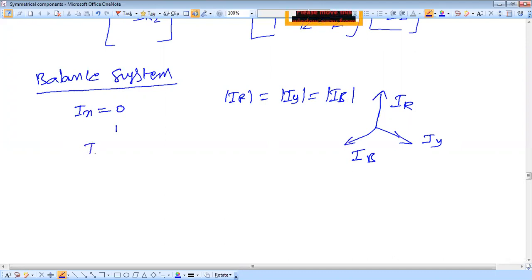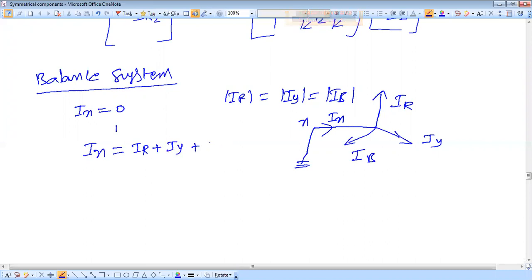Suppose the neutral is grounded, there may be an IN. These are the leaving currents. Now we can write entering current equals leaving current. IN equals IR plus IY plus IB.